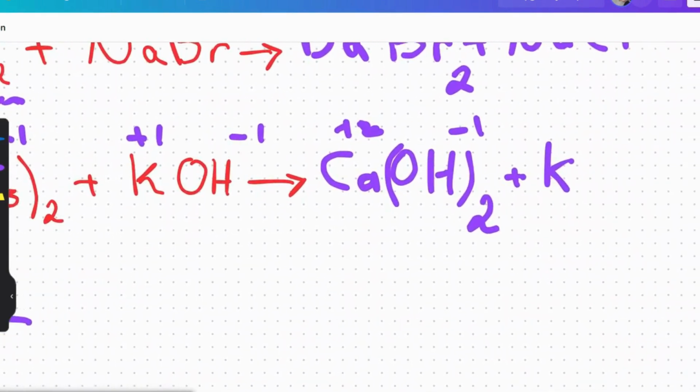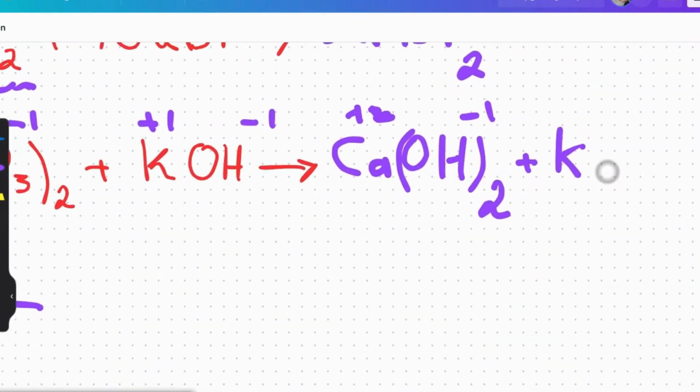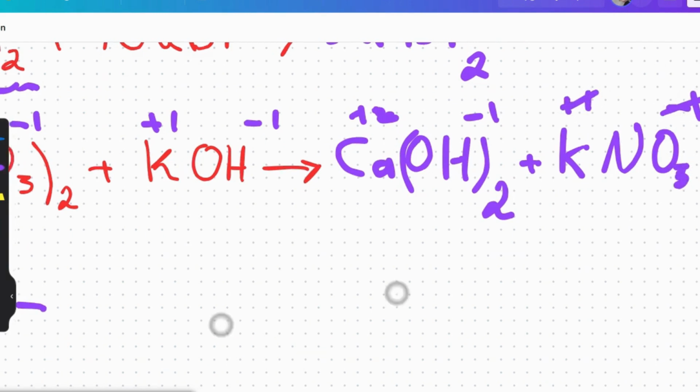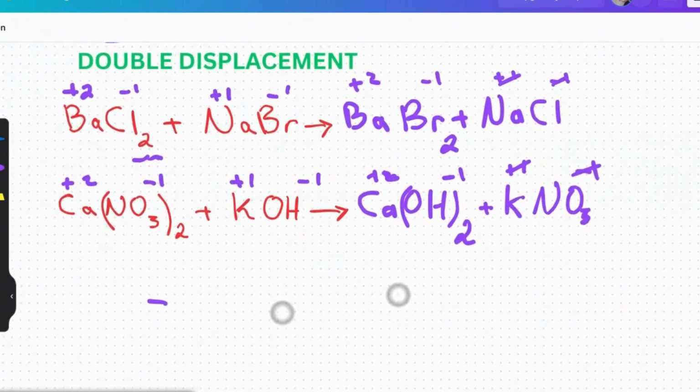NO3. So K with NO3, right? NO3 plus 1, -1. They cancel out each other. And this is the total equation.